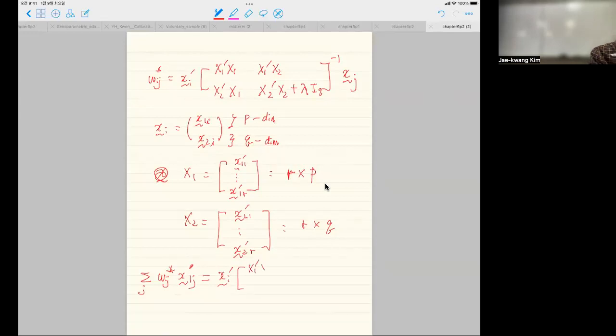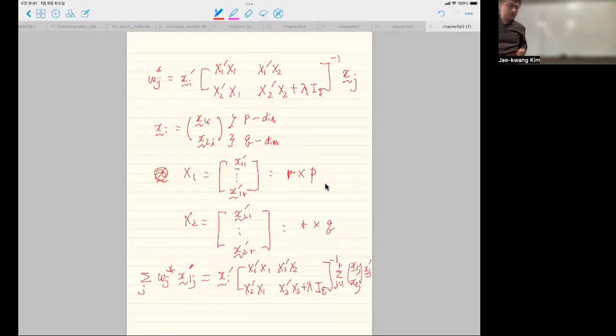Note that the summation only applies to the j, so then we can move the summation all the way in. And the summation is here, j equal to 1 to r. And then what is xj? Xj is x1j, x2j. And then you have xj x1j prime.